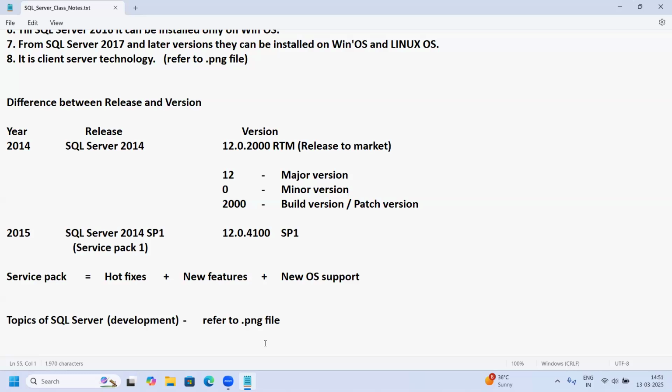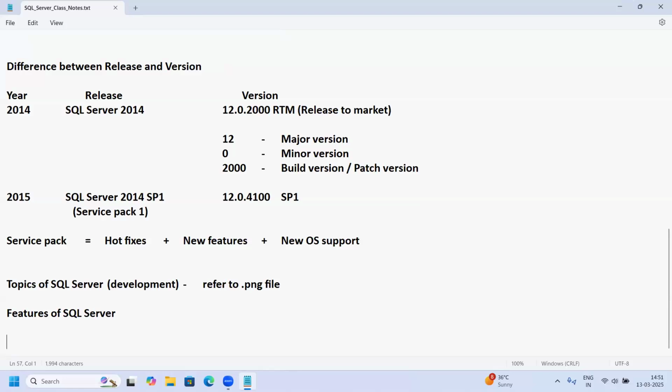Right. Now, features of SQL Server not related to a specific version. I am talking about general features of SQL Server.